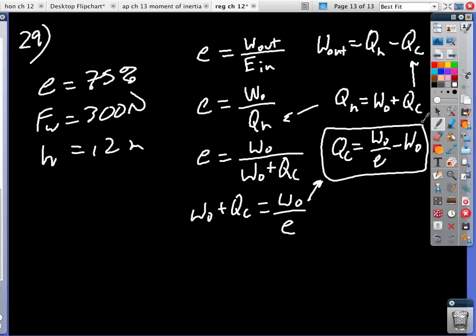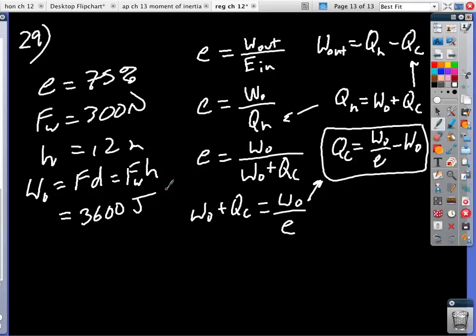That's my final answer. So then the workout, of course, is going to be force times distance, or in this case, Fw times h, which will give you 3,600 joules. If you want, you can be clever and say this is work out times 1 over E minus 1.